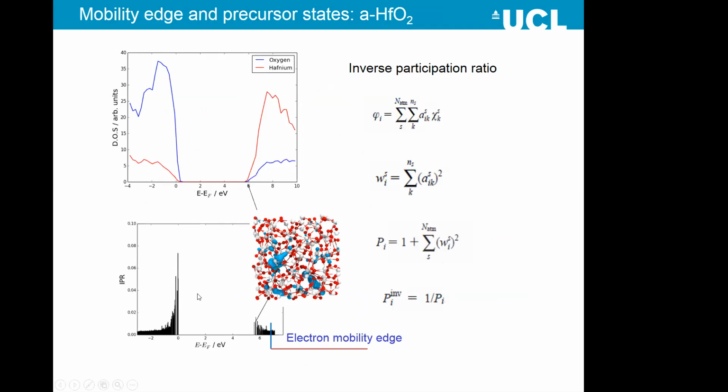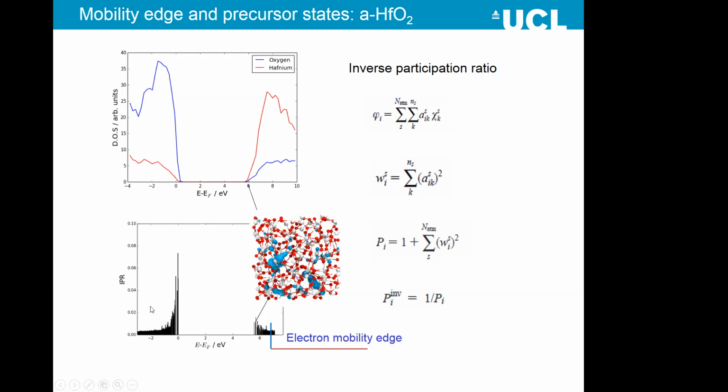So at the bottom here, you can see what is called an inverse participation ratio plot for, in this case, amorphous hafnium dioxide, which shows that the valence band, which is on the left, is built of oxygen p states, so it's prone to localization. You can see these peaks, which show that there are quite strongly localized states already before any holes have been put in.